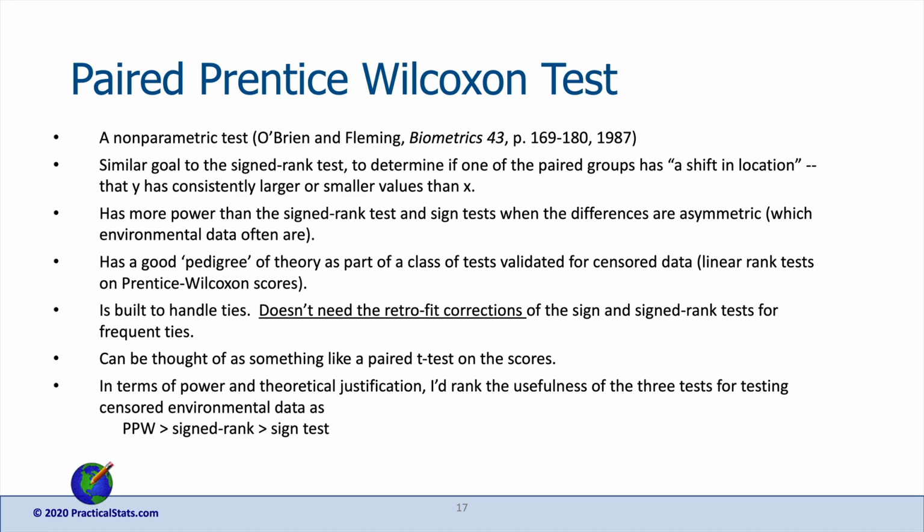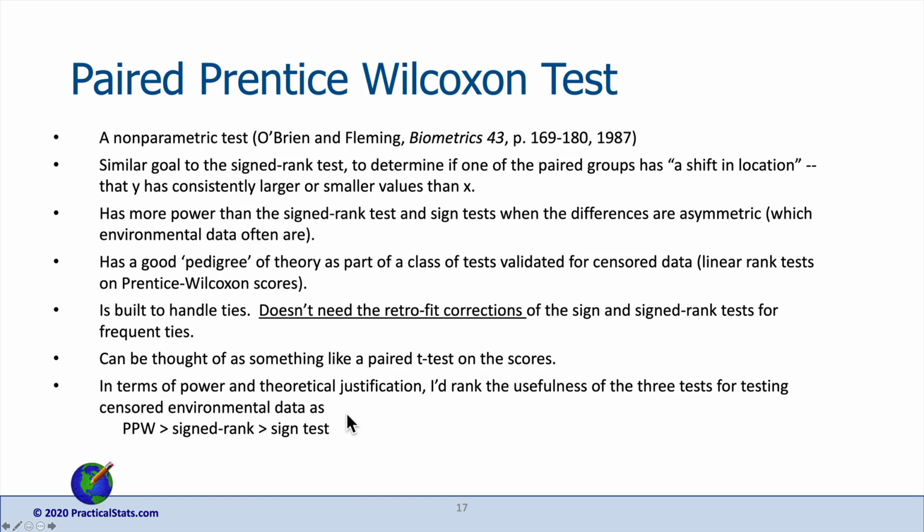It's built to handle ties, so it doesn't need the retrofit corrections that the other two tests do. It can be thought of as something like a paired t-test on the scores. The scores are kind of adjusted percentiles, where the percentiles are computed by throwing all the data together, computing their percentiles, then splitting them back out into the two separate groups, and seeing how they are different for the pairs.